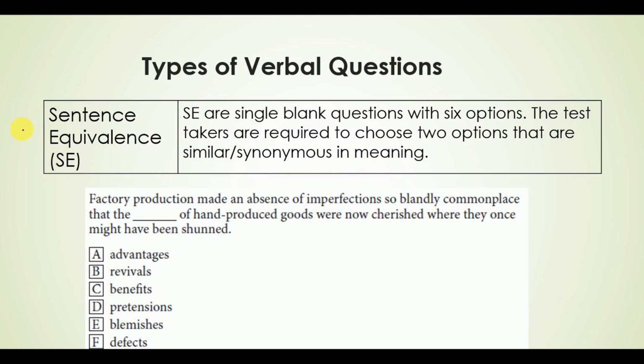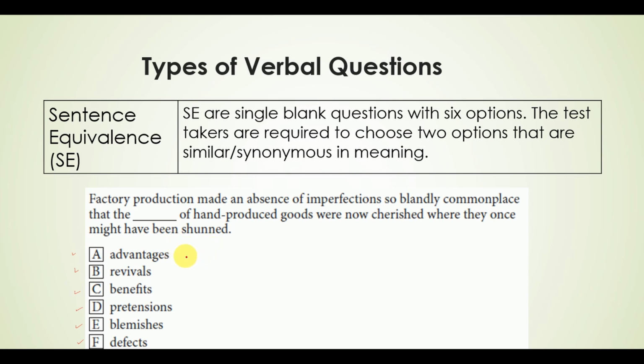The second type of verbal question is called sentence equivalence. In sentence equivalence, you always get a single blank. You don't have a double blank or a triple blank sentence equivalence question. With the question, you get 6 options: A, B, C, D, E and F. Your job is to find 2 options.